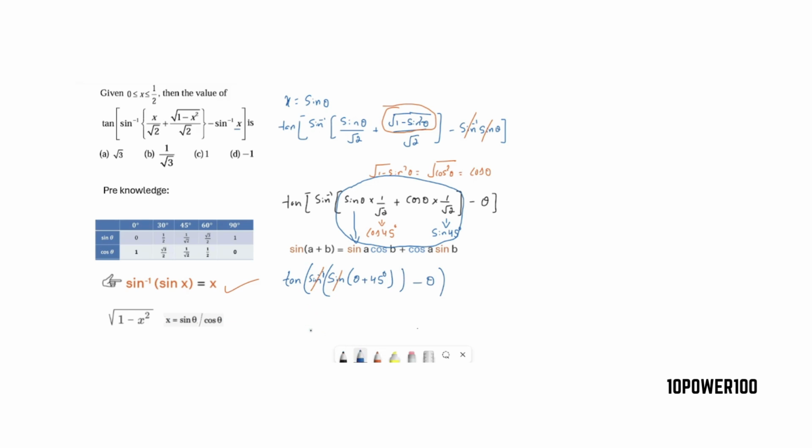Now the final answer that is left out is tan of theta plus 45 degree minus theta. So here in this case, theta and minus theta get cancelled out. The left out element is tan 45 degree. So tan 45 degree is 1. After all the calculation, we got the final answer as 1. So here in this case, option C is the right answer.